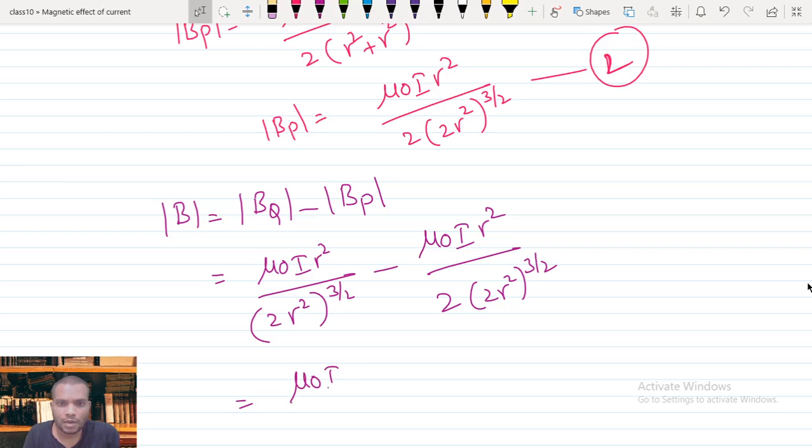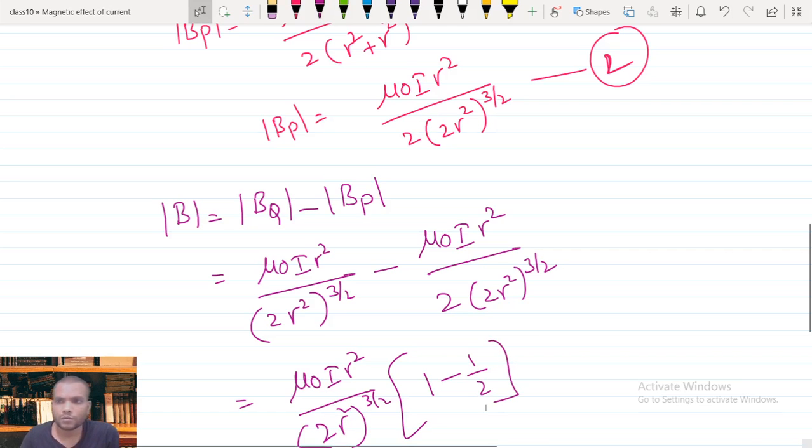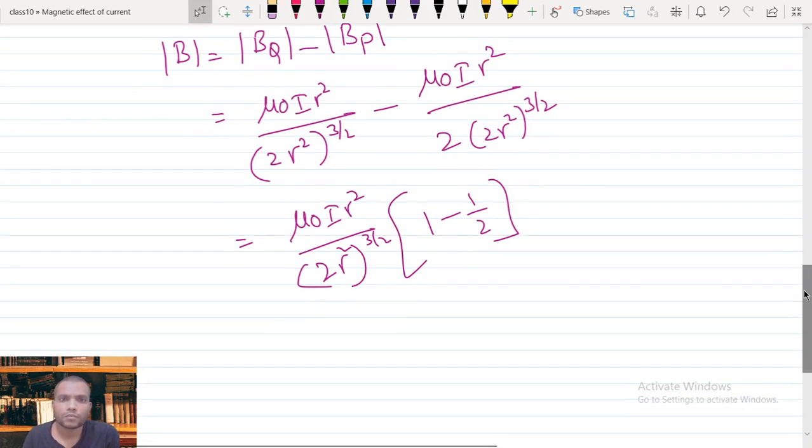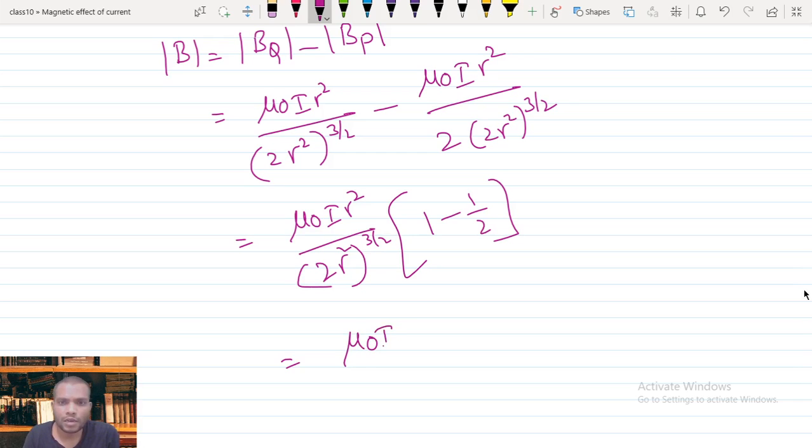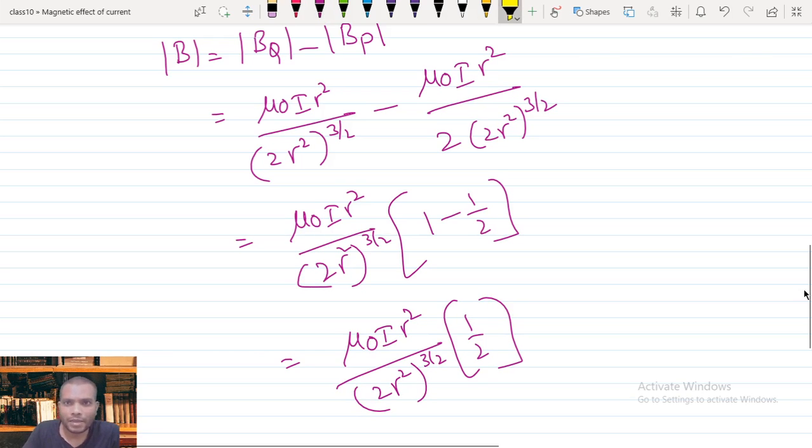Mu naught I r square upon 2r square whole power 3 by 2 is the common factor, leaving 1 minus 1 by 2. Taking the LCM, we get 1 by 2. So the final expression for the magnitude of the magnetic field is mu naught I r square upon 2r square whole power 3 by 2 of 1 minus 1 by 2.